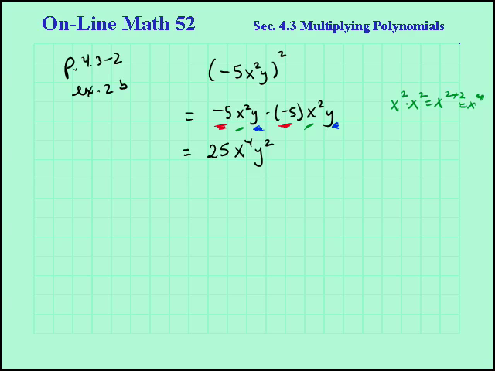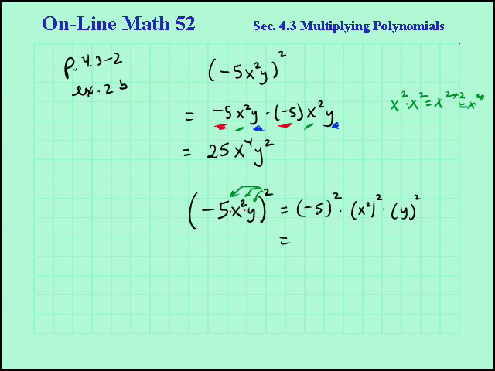Now, you might also have remembered, by the way, I'll rewrite the problem here. Negative 5 x squared y, quantity squared. When we have powers to powers, when we have everything being multiplied here, we can distribute that power as a power. That means we would get negative 5 being squared, and x squared being squared, and y being squared.